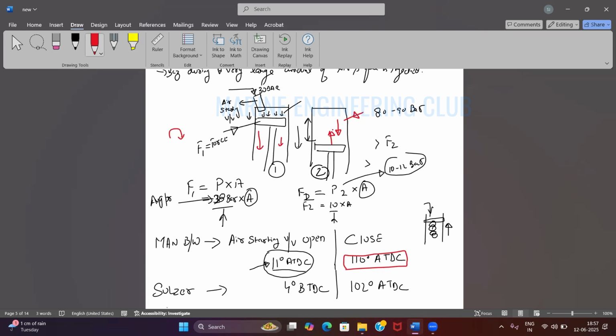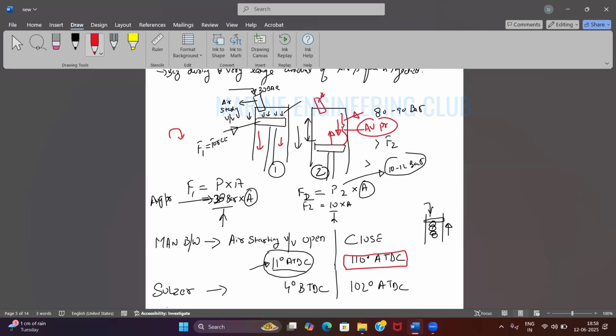Sir, this 80 to 90 bar, does it mean air was injected into the starting valve here? No, not yet. This air starting valve is not open right now, because the piston is down. It is injecting at 11 degrees after TDC. Agreed? So if I have to take this collectively, I will take average pressure.